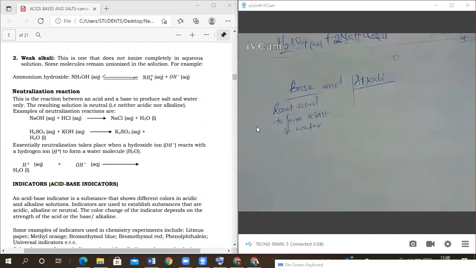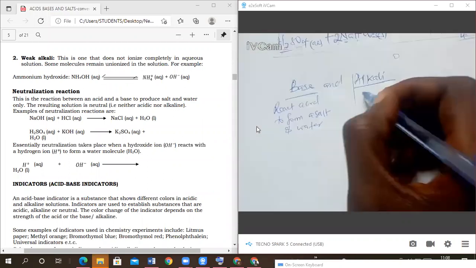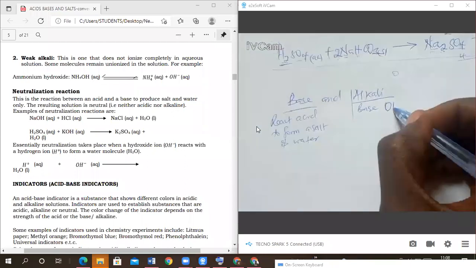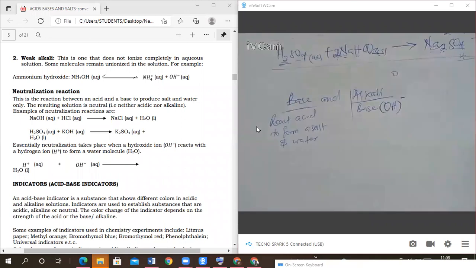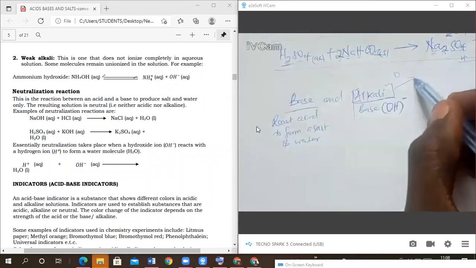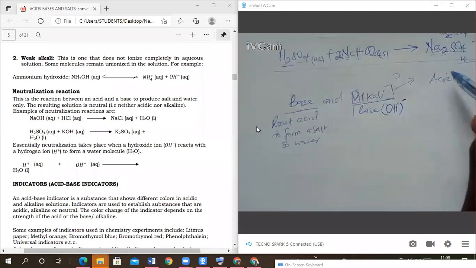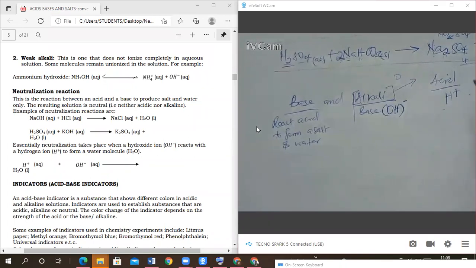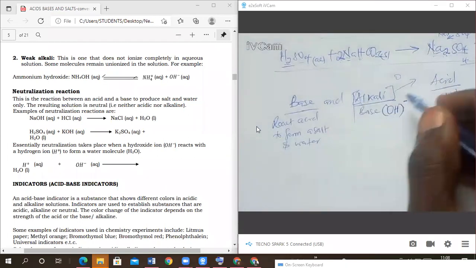It is a base that dissolves in water to produce hydroxide ions as the only negatively charged ion. That is the difference between the alkali and an acid. Acid produces which ions? Hydrogen ions as the only positively charged ions. The alkali produces the hydroxide ion.